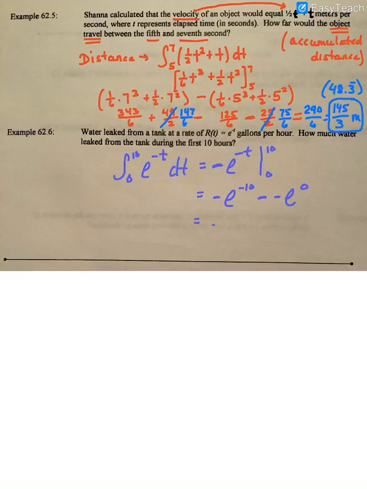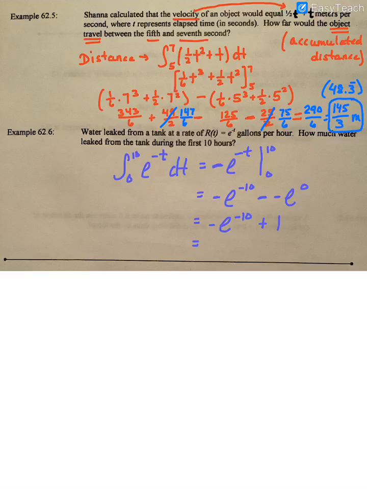Well, clean it up some. Negative e to the negative 10th minus negative makes it plus. Anything raised to 0 is always 1. And depending on the situation, this would be your exact answer. In other words, the answer you would get without a calculator.